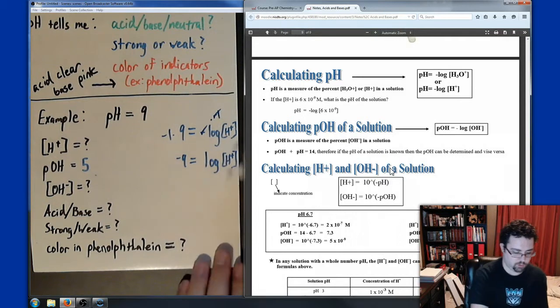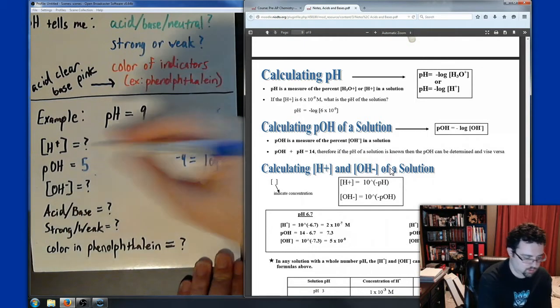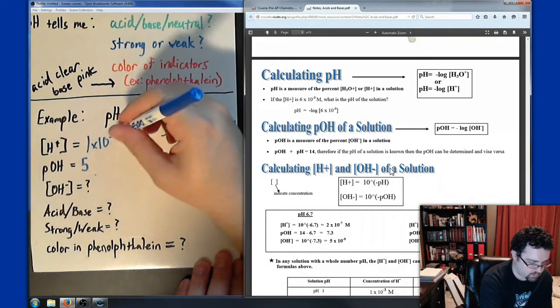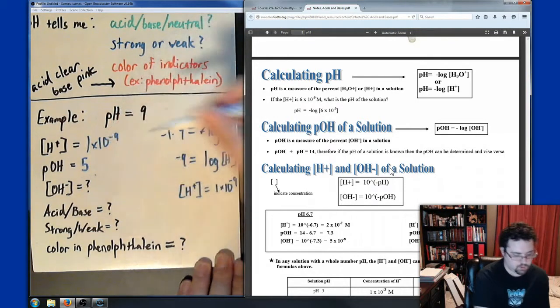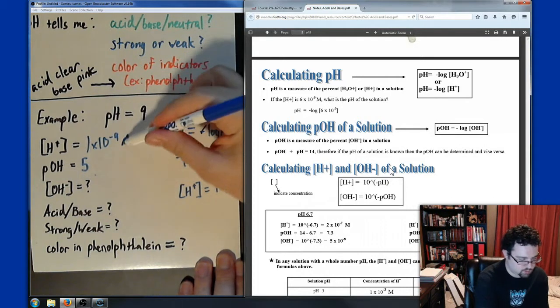Like we said, whenever it's whole numbers, the hydrogen ion concentration equals 1 times 10 to the -9, and that is molarity because it's concentration.